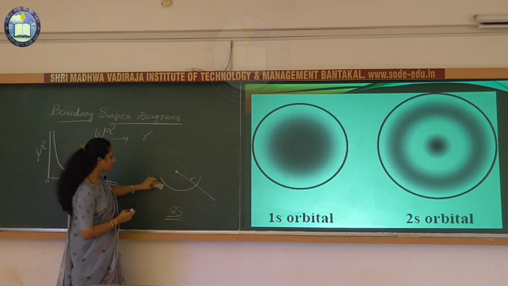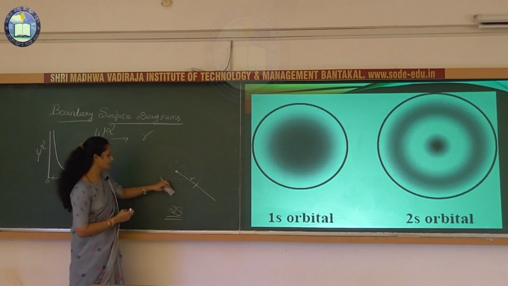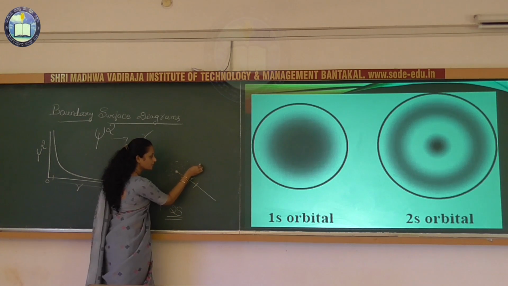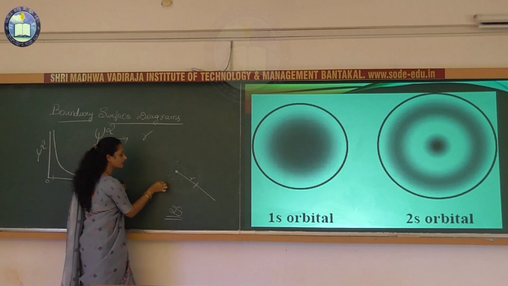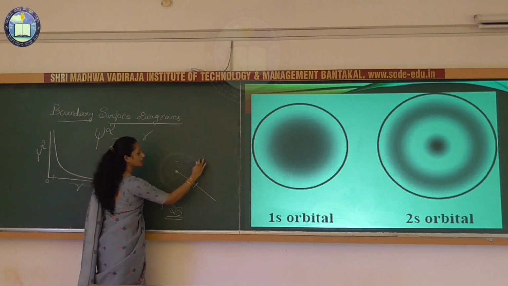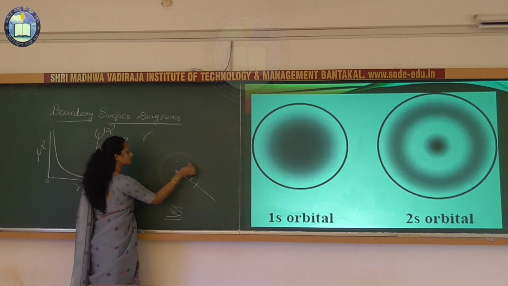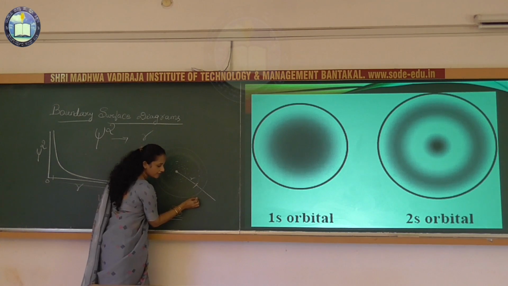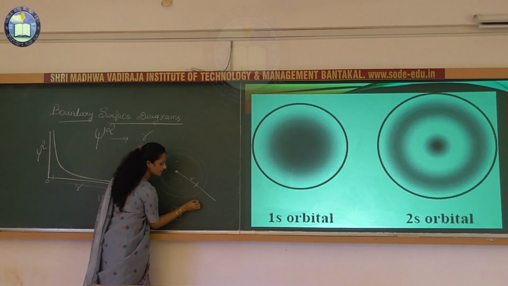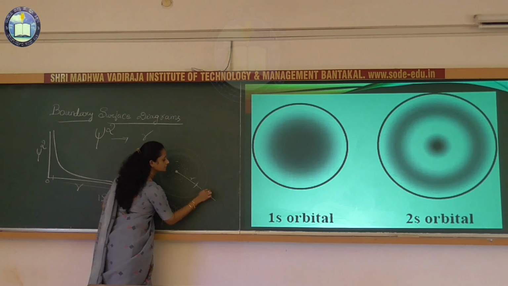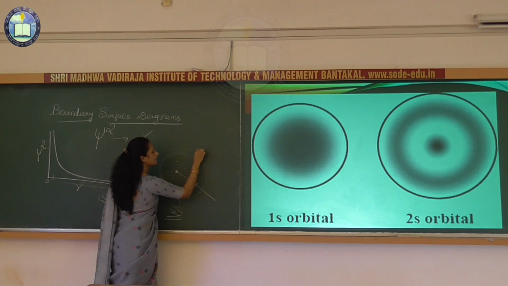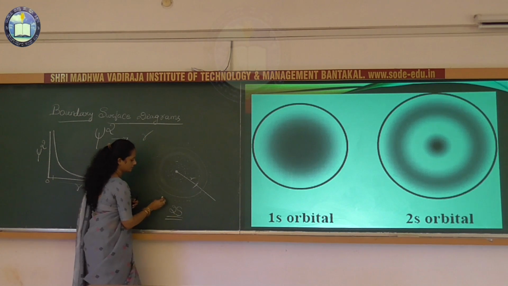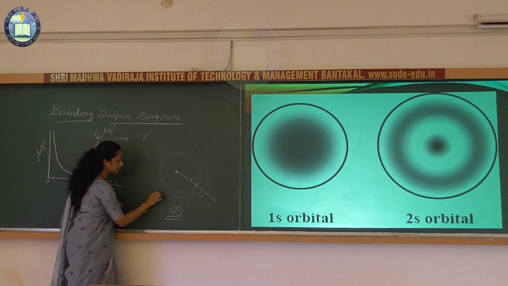Then at one particular point or one particular region, it decreases to 0. ಒಂದು ಕಡೆ ರೀಚ್ ಆದ ಕೂಡಲೇ, ಸಪೋಸ್ ಈ ರೀಜನ್ ಕನ್ಸಿಡರ್ ಮಾಡಿದ್ರೆ, decreases to 0 ಆಯ್ತು. ಇಷ್ಟು ರೀಜನ್ ತಗೊಂಡ್ರೆ 0, decreases to 0. Then again increases. Then decreases again.